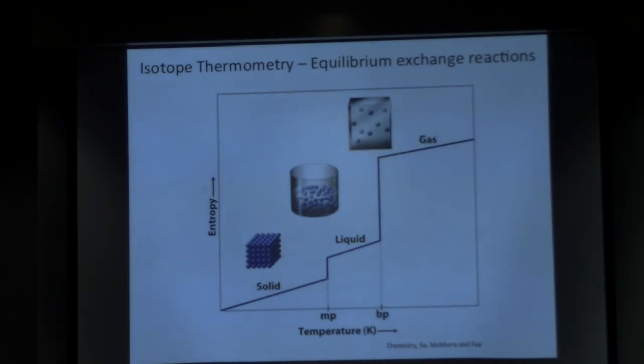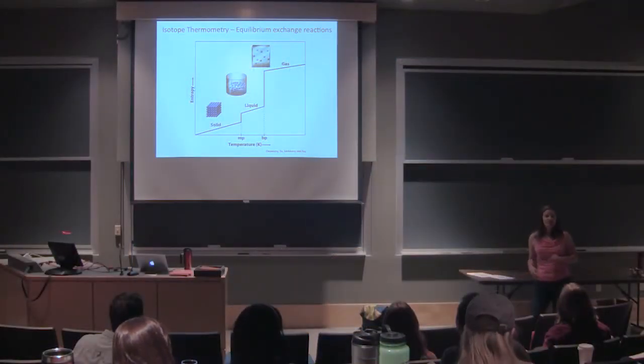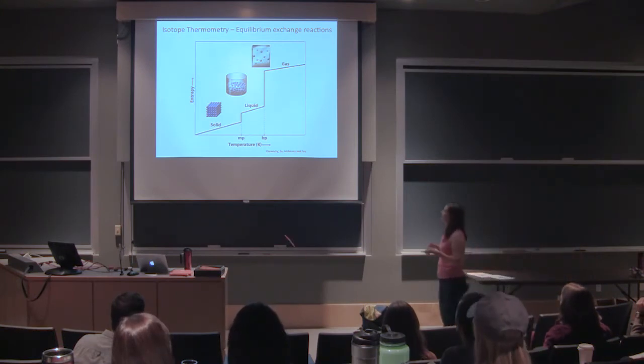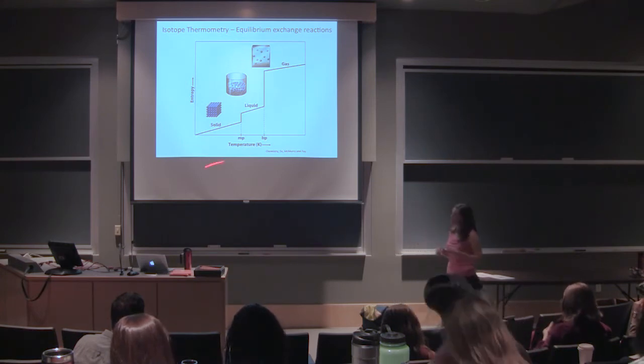And in that original thermometer, they exploited the concept of equilibrium isotope exchange reactions. So I usually start this conversation by saying, okay, we'll take ourselves back to Chem 101 and think about general chemical equilibrium, right? Finding that equilibrium point, your KEQ of a reaction, is often strongly temperature dependent.